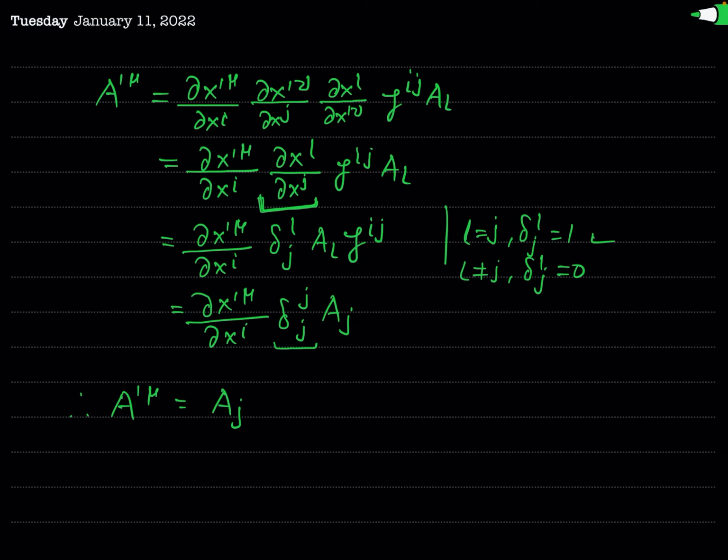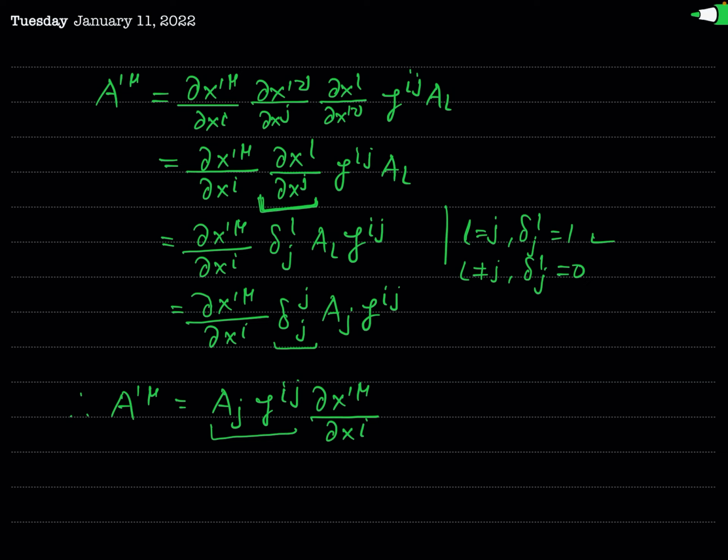Remember it. There is G^ij. Now this A'^μ will be equal to A_j times G^ij and ∂x'^μ/∂x^i.